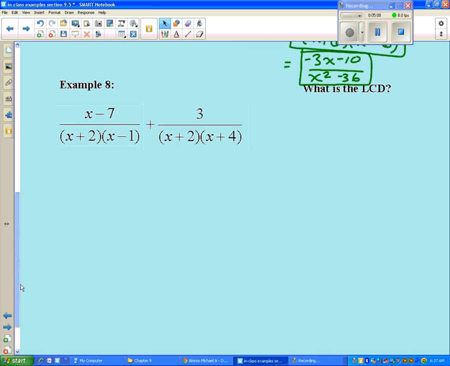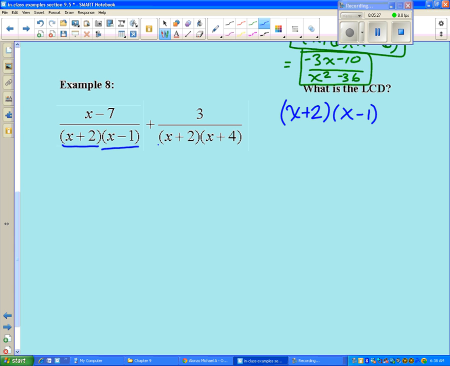Let's try example 8. Again, I want to have the least common denominator. So I look in the first one, I have an x plus 2 as a factor and an x minus 1 as a factor. So I need an x plus 2 and an x minus 1. Here I need an x plus 2 and an x plus 4. I have the x plus 2, so I need to add the x plus 4.